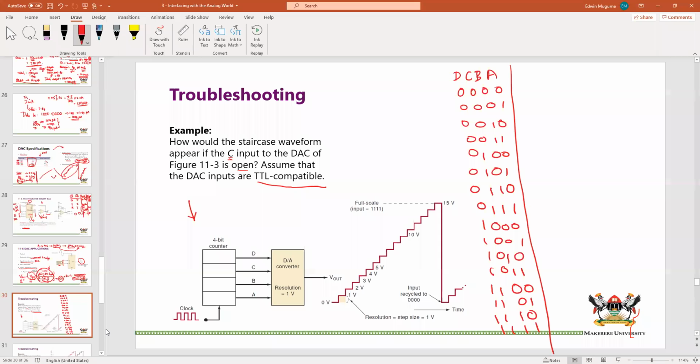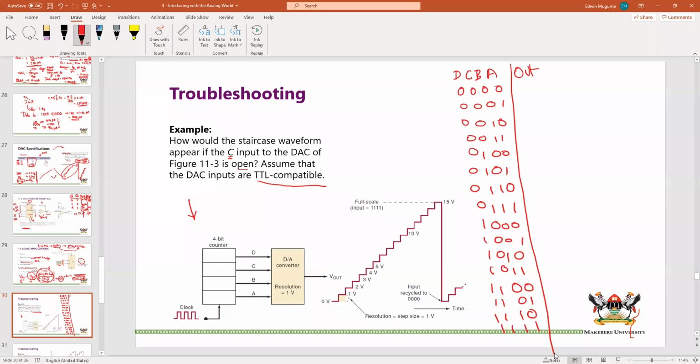Okay, so our output here ideally would be 0, 1, 2, 3, 4, 5, 6, 7, 8, 9, 10, 11, 12, 13, 14, 15. And that's why you see here, you keep jumping from 0, 1, 2, 3, all the way to 15, because this is performing as expected.